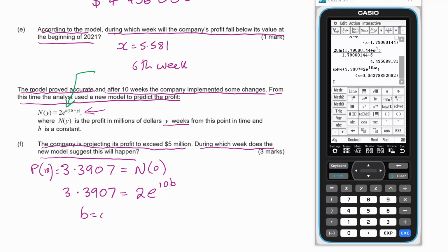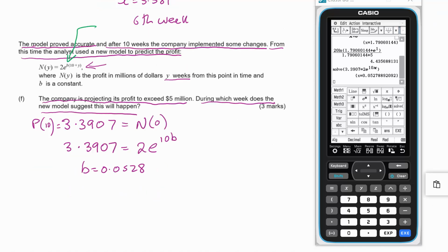So b is 0.0528. So if we now want a profit of 5 million, we want 5 to be equal to 2e to the b times, but of course the b is the value we have here, and 10 plus y.